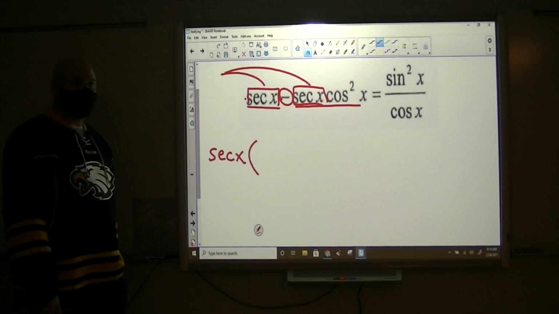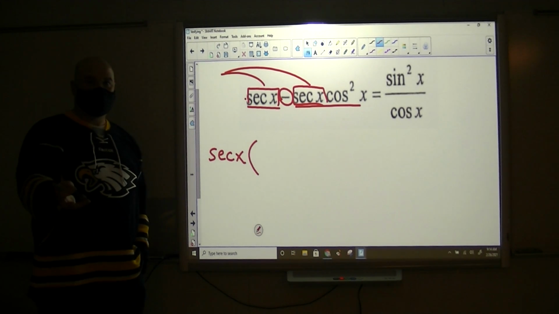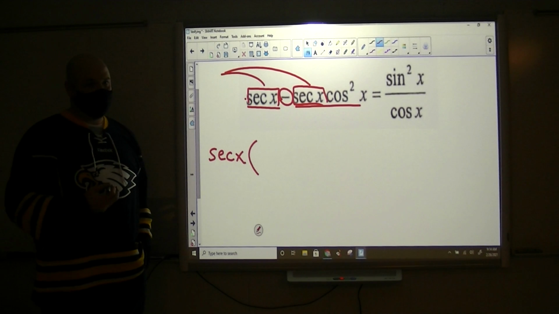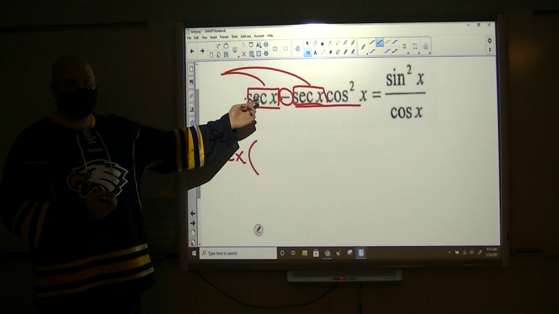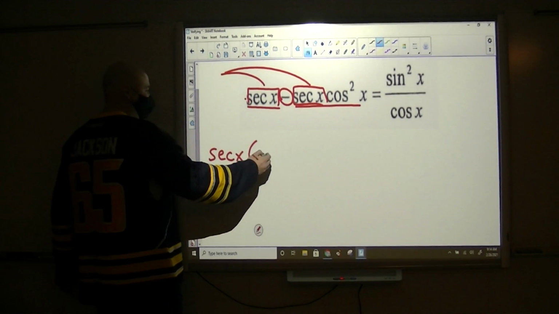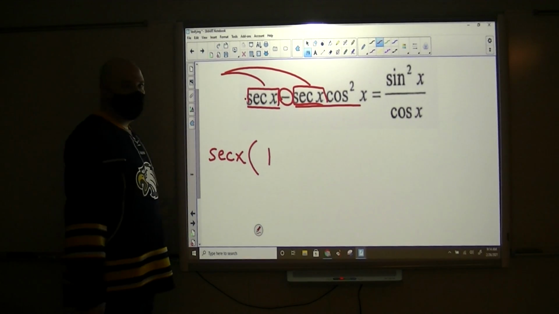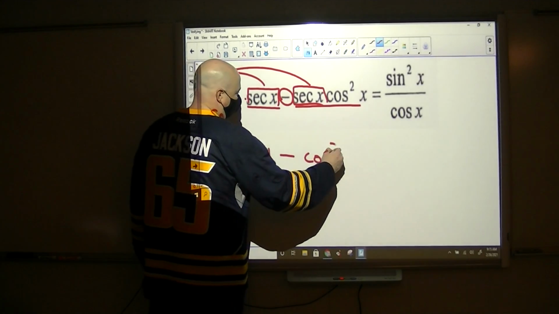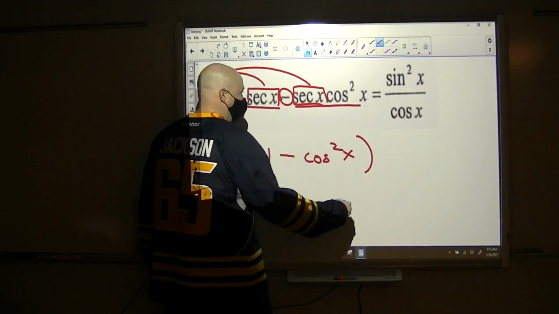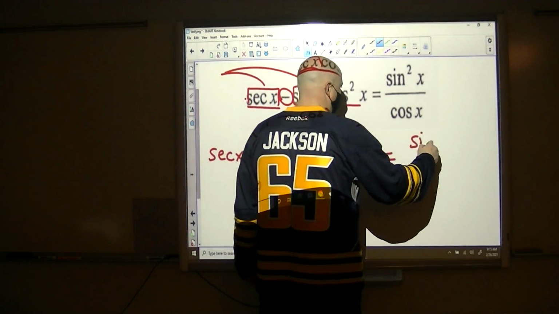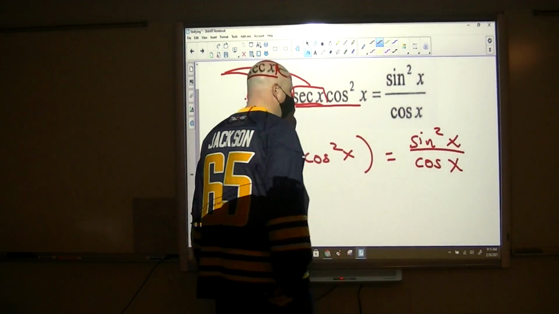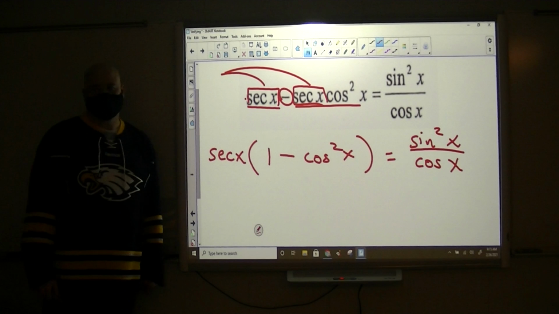And remember, factoring is division. So when we factor something out, we're dividing by it. So we're dividing this by secant x. Secant x divided by secant x is 1. When we factor out a secant x from here, we're left with this. The right side, I'm not going to do anything. One tool at a time, one step at a time.